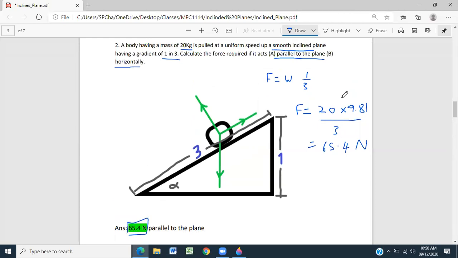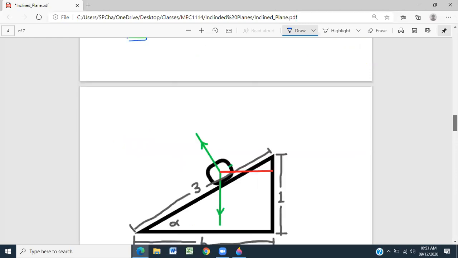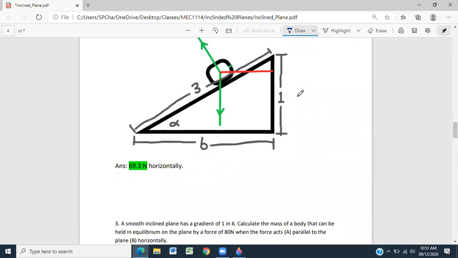Now, when it's horizontal to the plane, we know F is equal to W tan of alpha, right? And tan of alpha is equal to the height over the base. The height we know is 1.